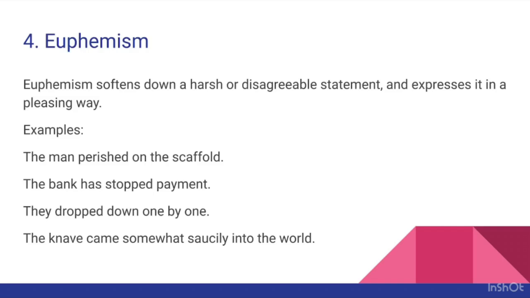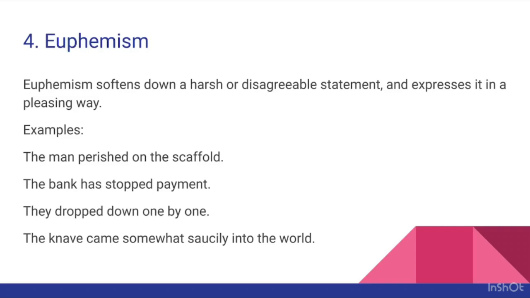The last example, the knave came somewhat saucily into the world. The hard fact that the knave was born illegitimately is softened down by the indirect expression came somewhat saucily into the world.